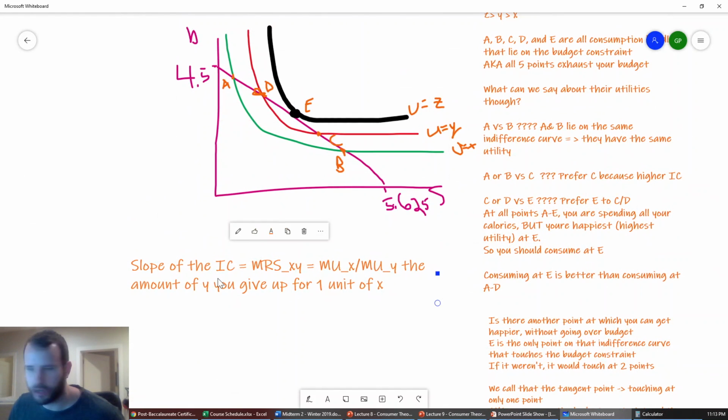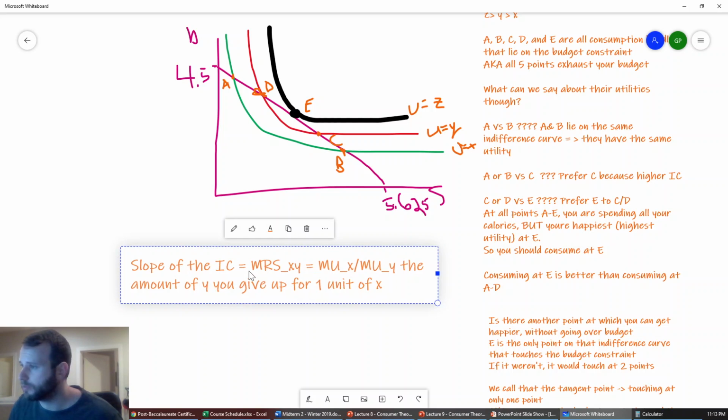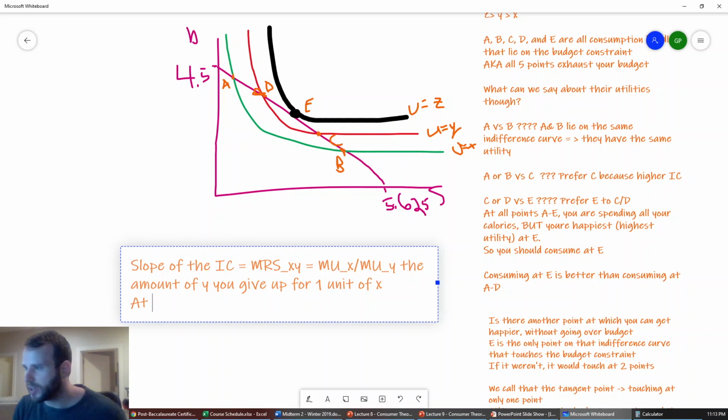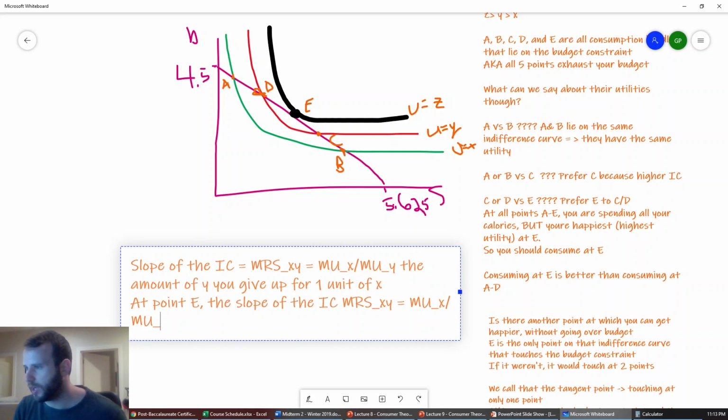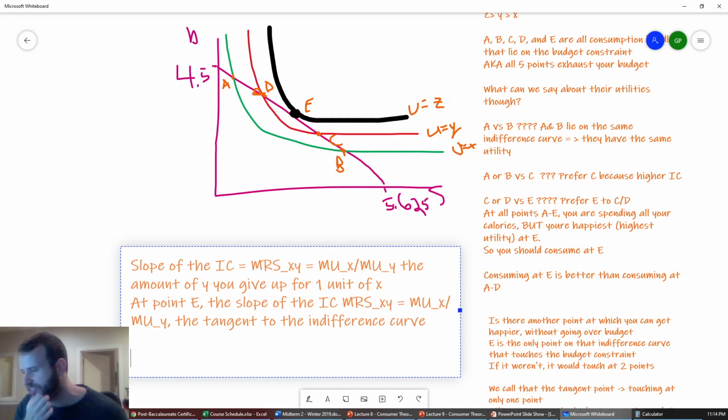So I mentioned earlier that the slope of the indifference curve at any tangent will give you your marginal rate of substitution. At point E, we can say the slope of the IC is MRS sub XY, or MUX divided by MUY. What else is tangent to the indifference curve at point E?